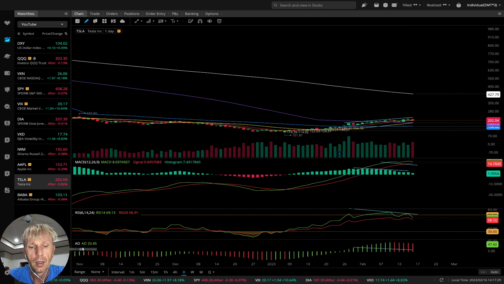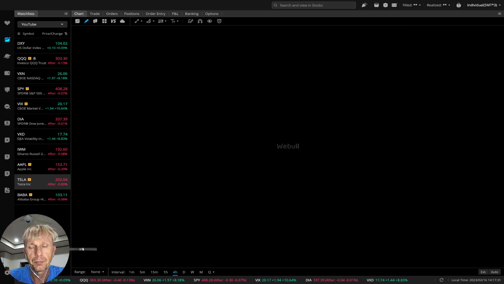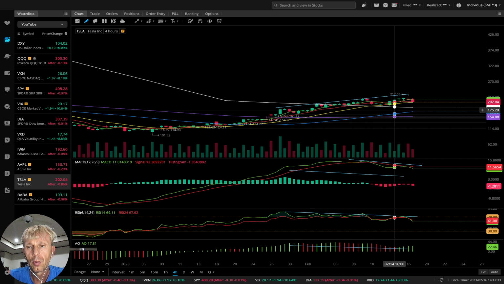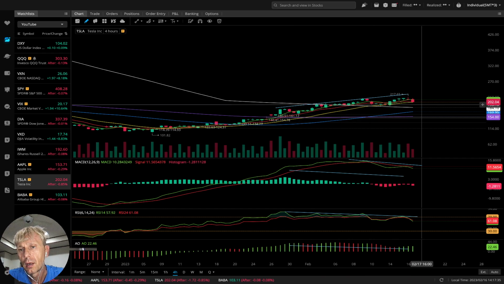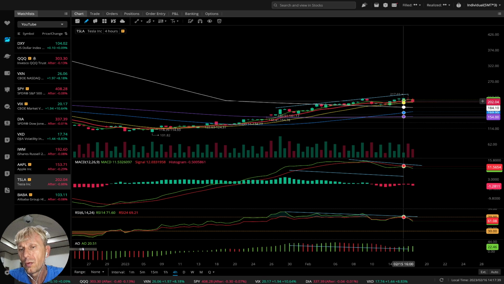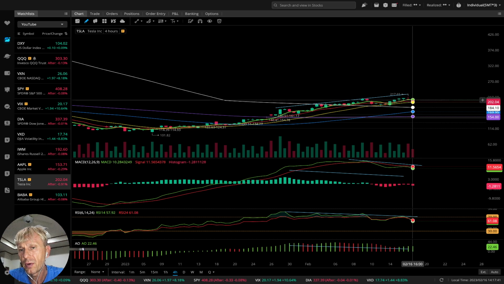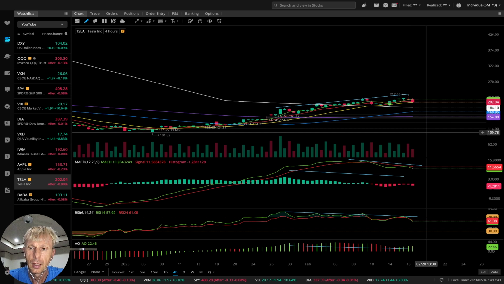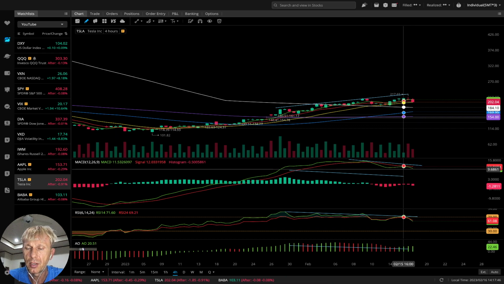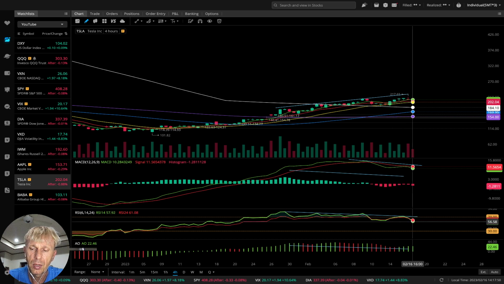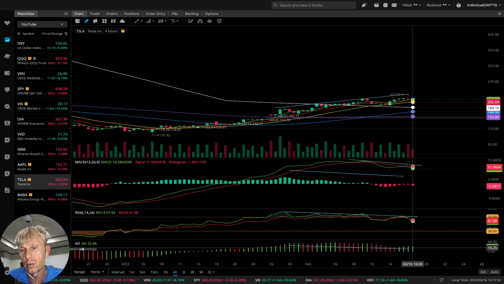Okay, let's move to 4 hours. 4 hours time frame. On the moving averages it is positive because MA5 is still above MA10. MACD already gave us bearish reversal, bearish signal, RSI bearish signal, also oscillator still bullish.